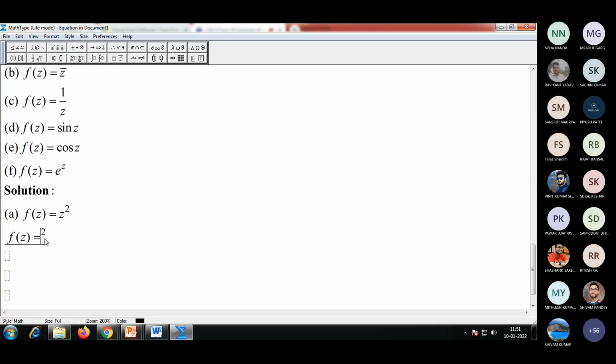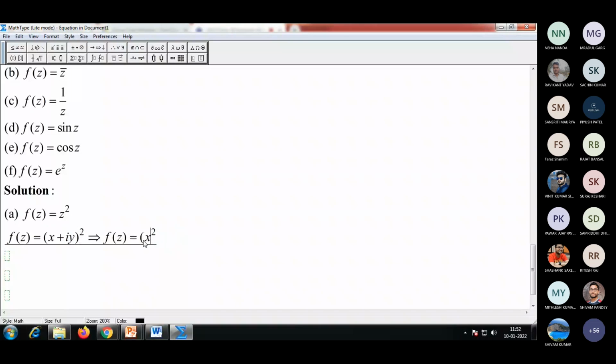So z is x plus iy, right? Because in order to check we need to evaluate the real and imaginary parts. So f(z) is x plus iy, which implies f(z) becomes x square minus y square.